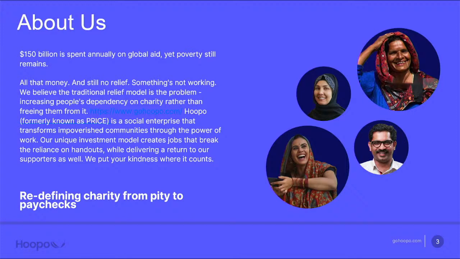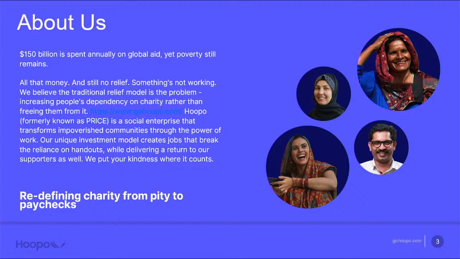Basically, HOPO is a non-profit organization registered in Canada, dedicated to work on a mission to help the deprived communities to become sustainable.